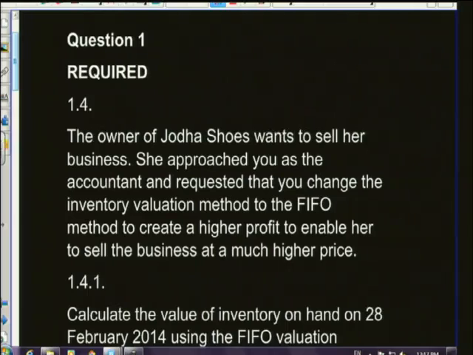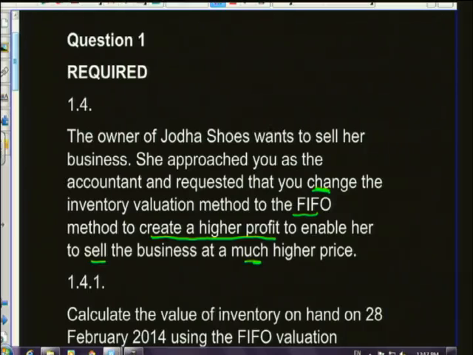Right, they're giving us a bit of information first and then the question. The owner of Joda Shoes wants to sell her business. She approached you as the accountant and requested that you change the inventory valuation method to the first in, first out method, or the FIFO method, to create a higher profit, to enable her to sell the business at a much higher price.